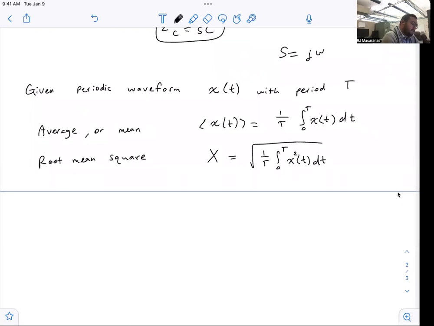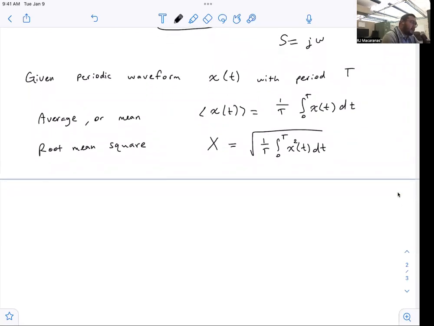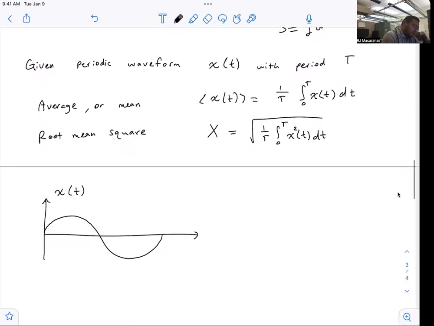The root mean square is usually a more appropriate measure when we have an alternating current that has a zero DC term. Imagine if we had a sine wave, so let's say x of t is this sine wave. The average value here is 0. If we added up everything over this one period, we've got a positive half cycle and a negative half cycle, and it just sums up to be 0.